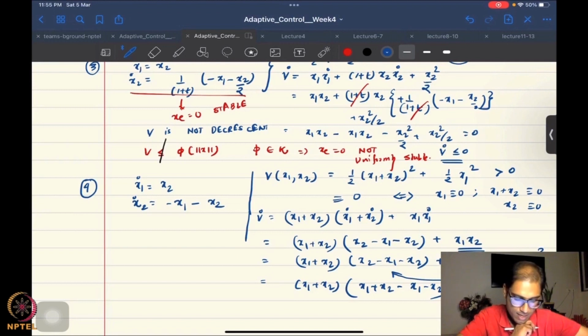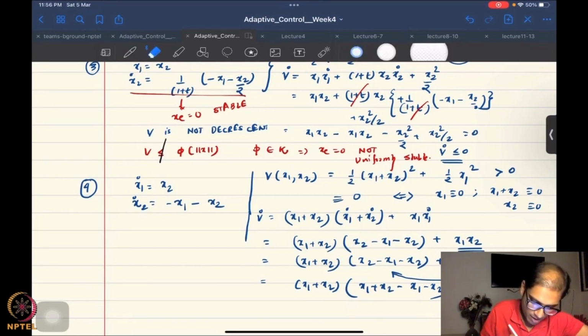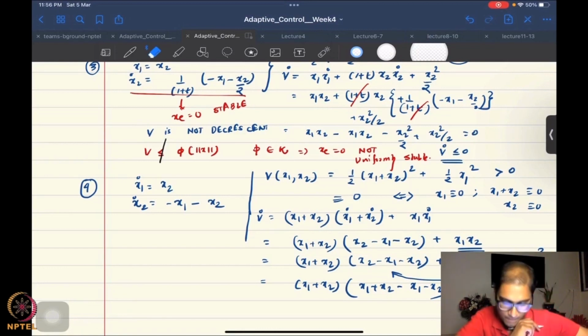Okay, so let's see. I want to make this slightly different. I'll make my life a little bit easier. I can always change the candidate function here. What will that give me?